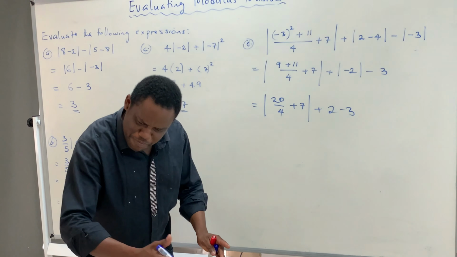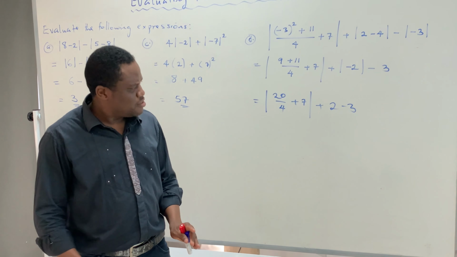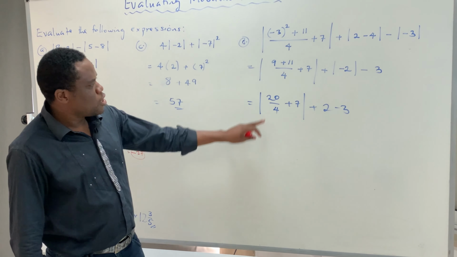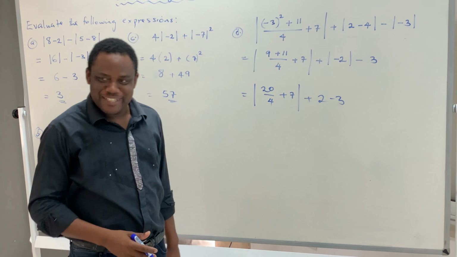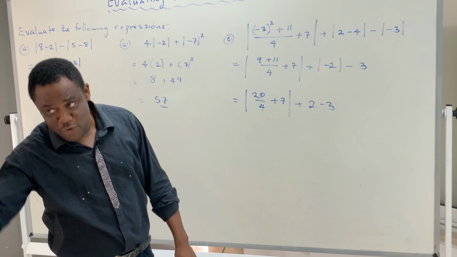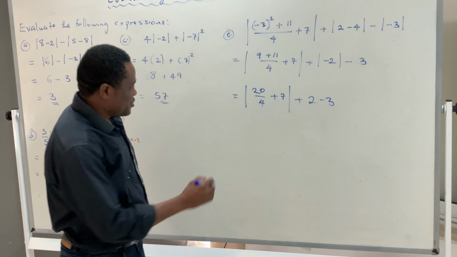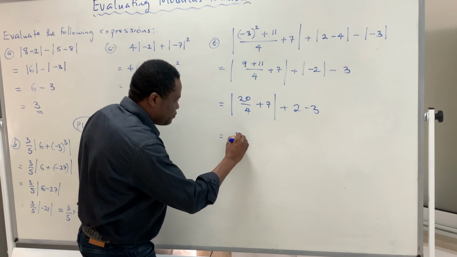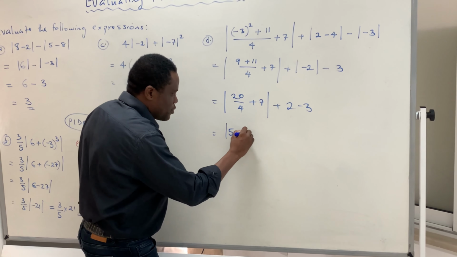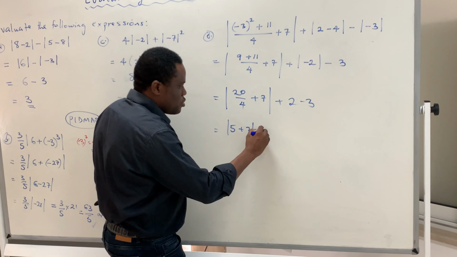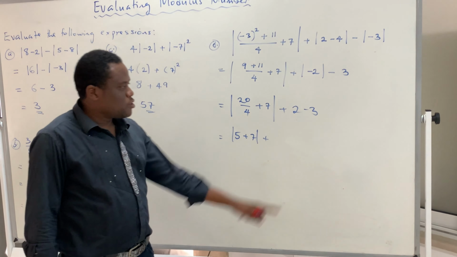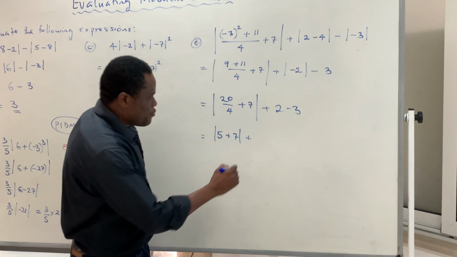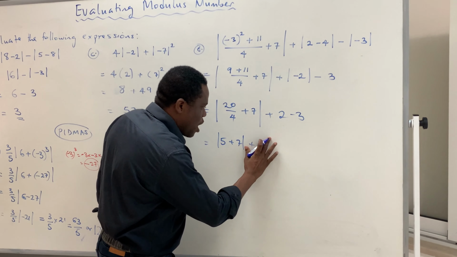Do it step by step. Now, come back here. 20 divided by 4. You know our elementary, divide by 4 without using a calculator. So we have 5. So 5 plus 7, close the modulus. We can operate on 2 minus 3. You are owing 3, you have only 2. So you have minus 1.